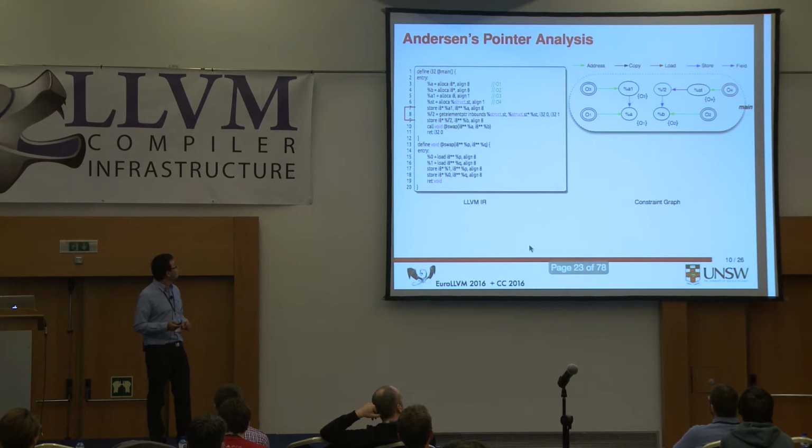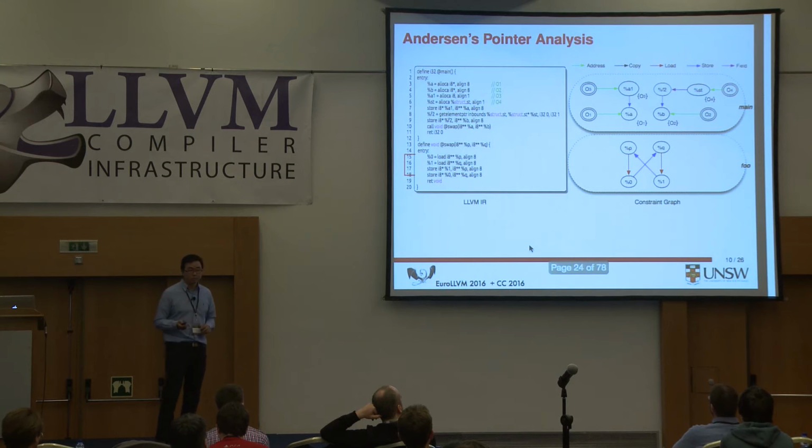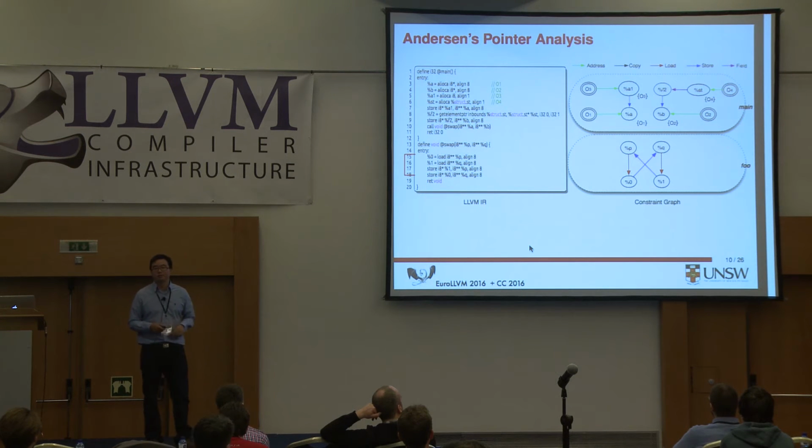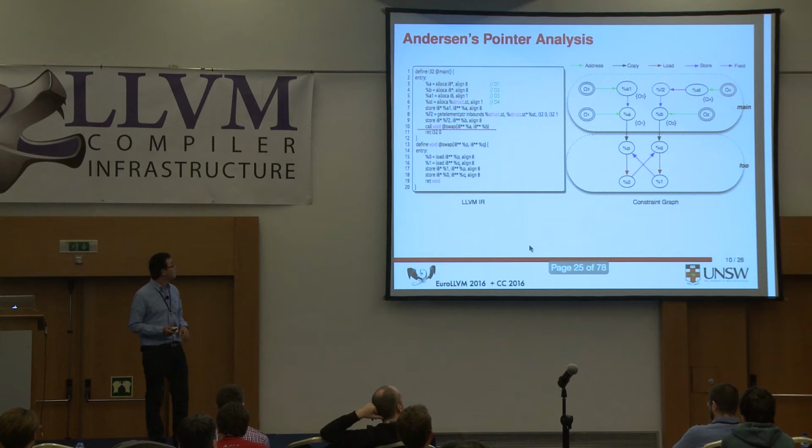So we will also translate the store statements and the instructions into other kinds of constraints like store and field access, and also the constraints from the body of the swap function. And also we connect the inter-constraints of different sub-constraint graphs according to parameter passing.